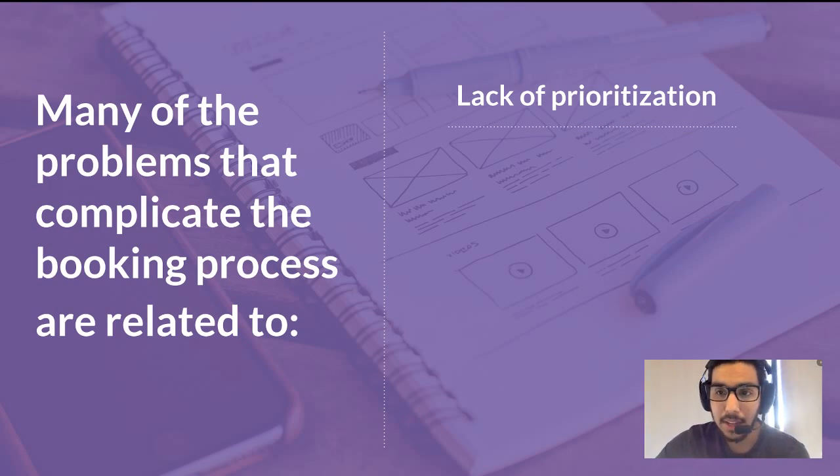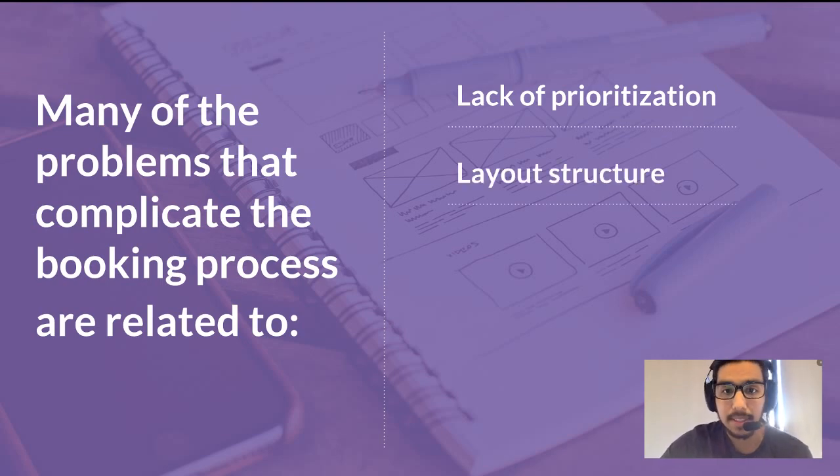And another thing is the layout structure, which is how we are arranging elements based on what the user may need, and a way to guide them through our content. Let's imagine that we have a lot of information on a page and we translate that into a smaller device just the way it is.